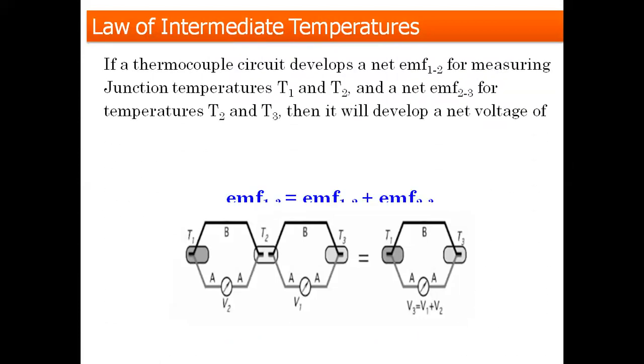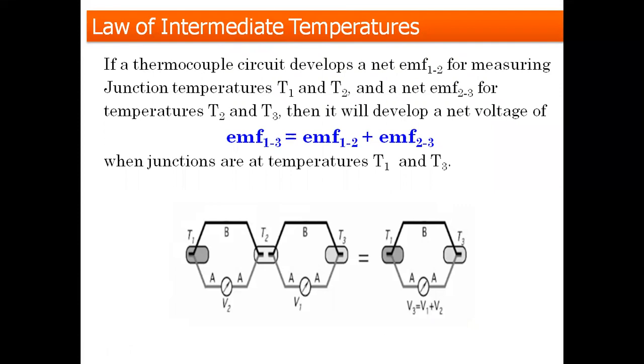Then we have the law of intermediate temperatures. Over here, what it states is that if a thermocouple circuit develops a net EMF 1,2 for measuring junction temperatures T1 and T2, and a net EMF 2,3 for temperatures T2 and T3, then it will develop a net voltage of 1,3, that is the addition of the two EMFs, when the junctions are at temperatures T1 and T3.